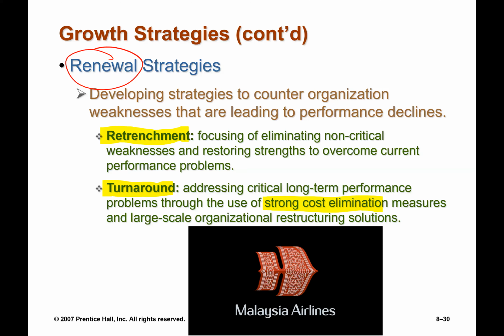So if you read through the case study of Malaysian Airline, they embarked on retrenchment. At the initial stage, they cut about 6,000 workers. Okay, they gave the VSS. If you prefer to retire, you will get some amount of money.